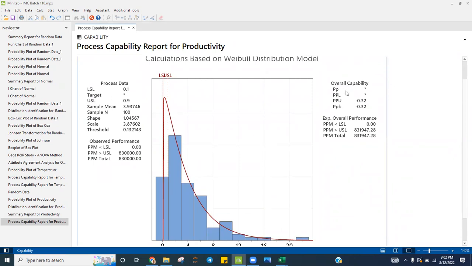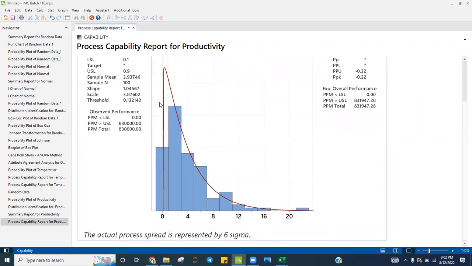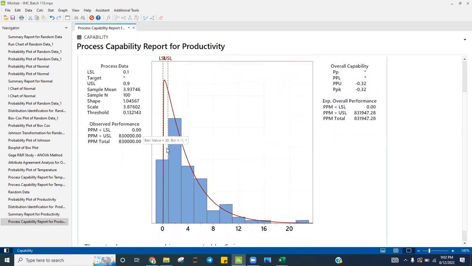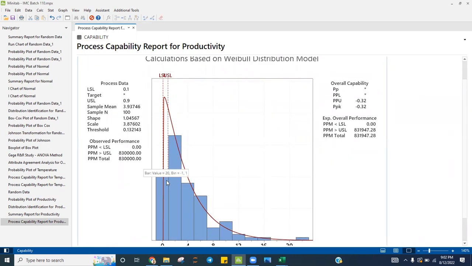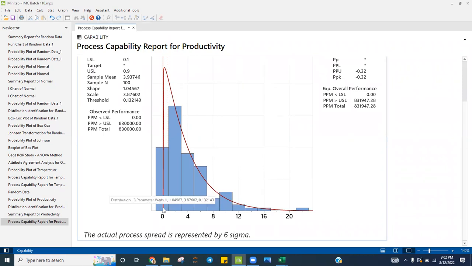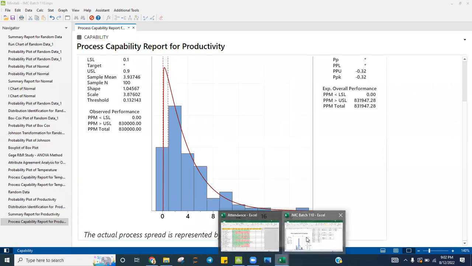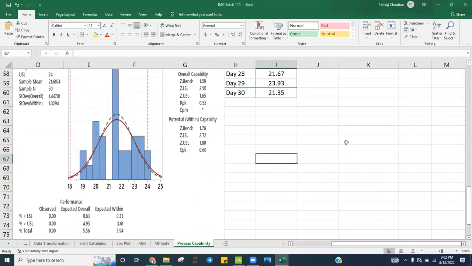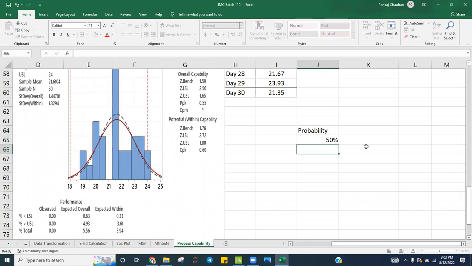It's not able to calculate PP or PPL. Why? Because of the distribution, from the 0 values more than 50% are below the specification. There is a formula in Excel: if your probability is 50%, then your sigma is 0.